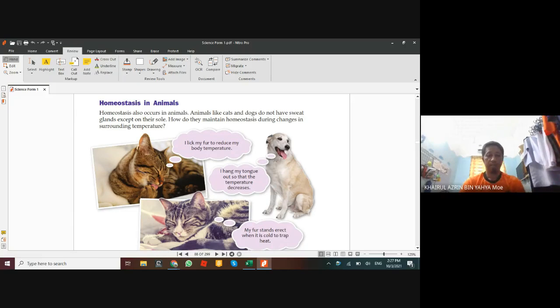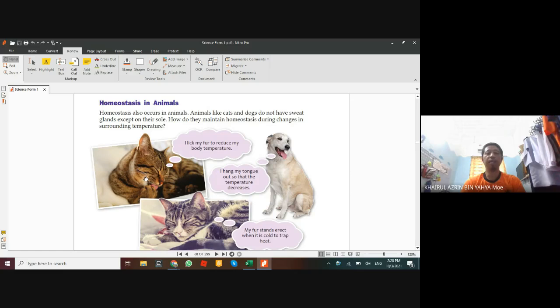Homeostasis also occurs in animals. Animals like cats and dogs do not have sweat glands except on their soles. Sweat is peluh, sweat glands kelenjar peluh. Sole, tapak kaki. How do they maintain homeostasis during change in surrounding temperature?